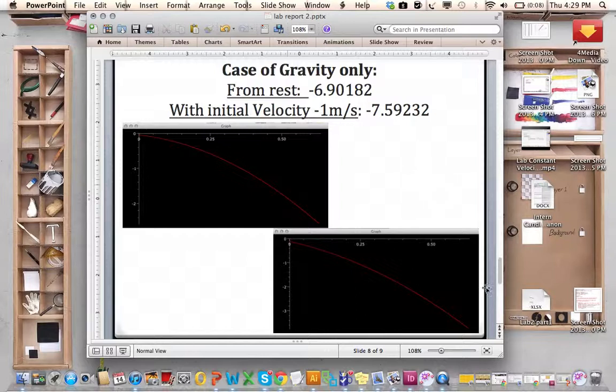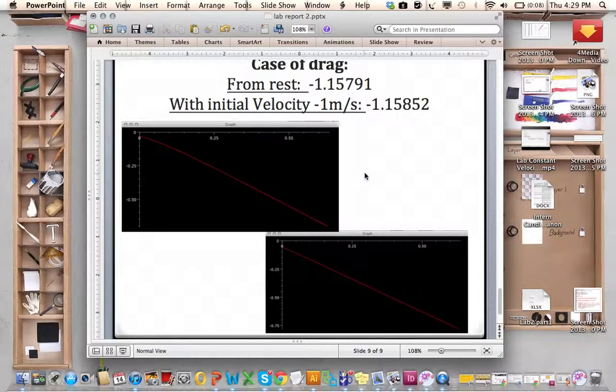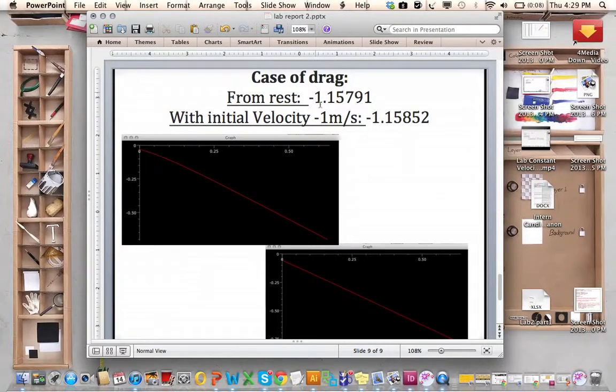And now we go to the case of drag, which from rest reaches a velocity of negative 1.15791. With an initial velocity of negative 1 meter per second, it reaches a negative 1.15858.